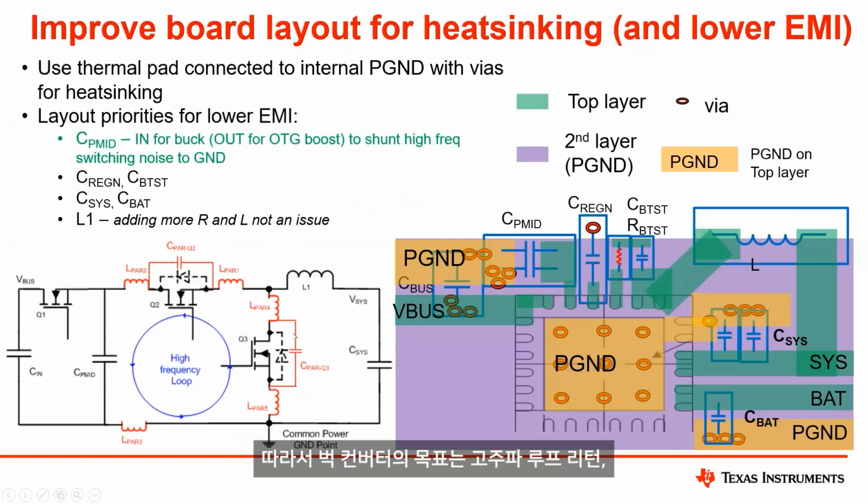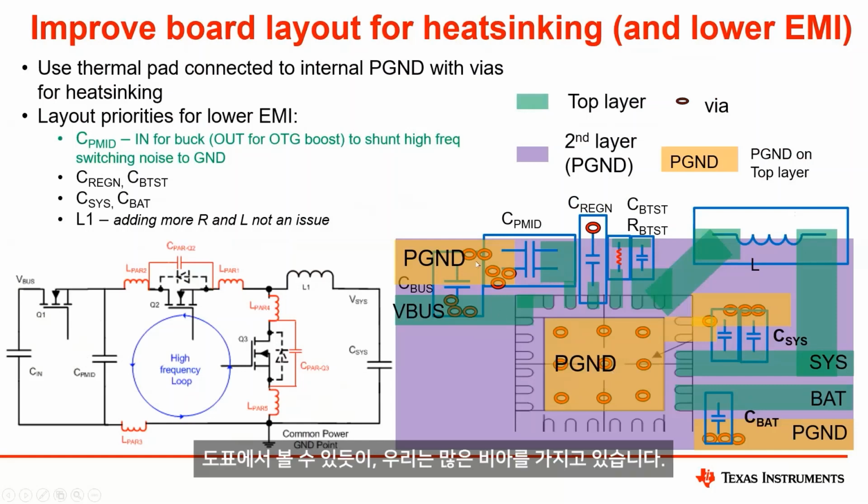So with a buck converter, the goal would be to minimize this high frequency loop return, especially the ground return, and that means that this input cap, this PMID cap, is the most critical. So you want to make sure that that PMID cap is as close as possible and has a really good connection to the ground pin of the IC.